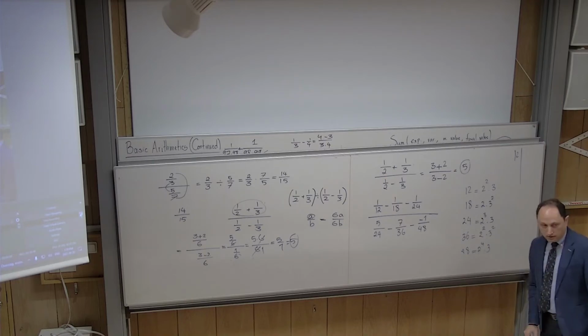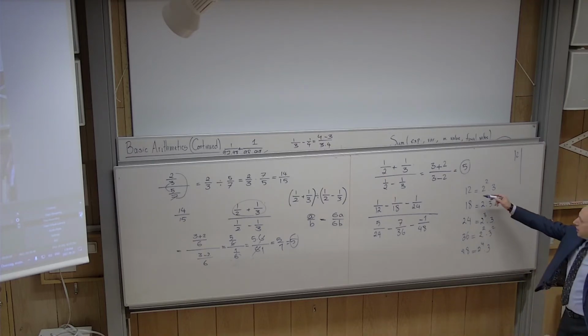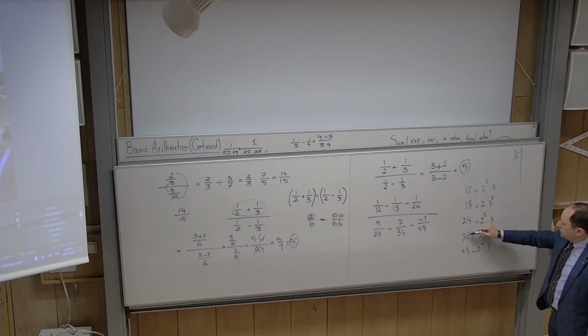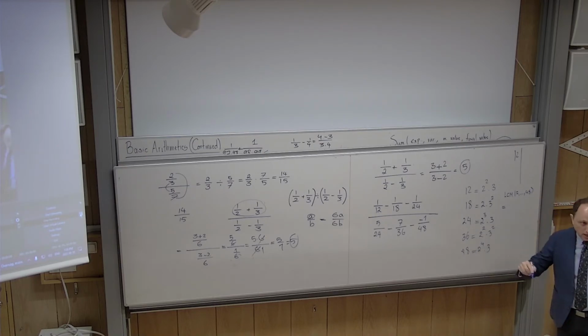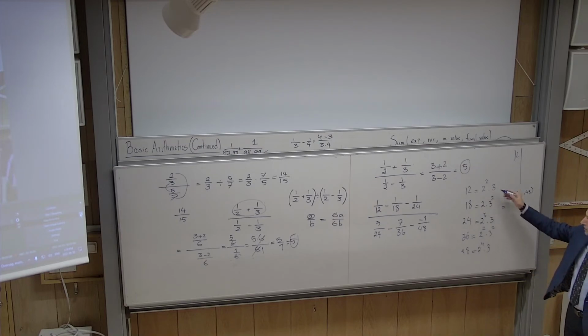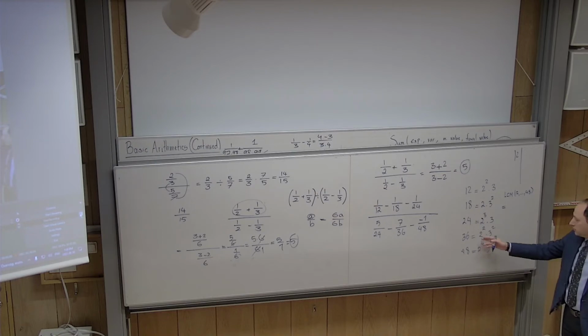Now, can you tell me how many numbers are involved? 1, 2, 3, 4, 5. So let me see how many of you remember. I want to find the LCM of 12 up to 48. Do you remember what was the trick? I need to look at all common factors. Of course, we are lucky. All of them are either 2 or 3.